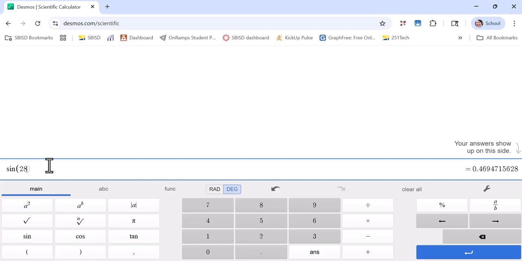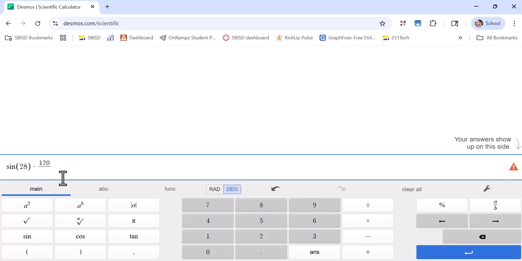We have sine of 28 times 120, divided by sine of 107.